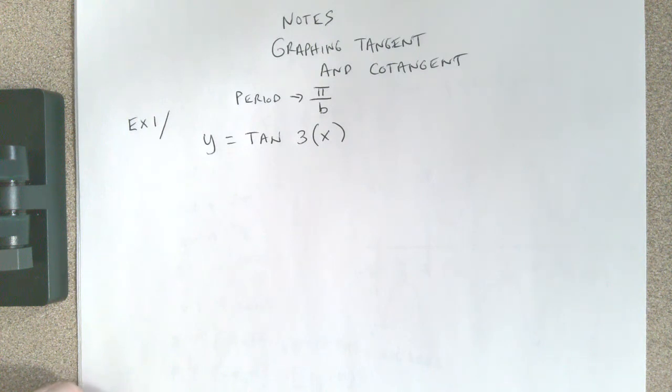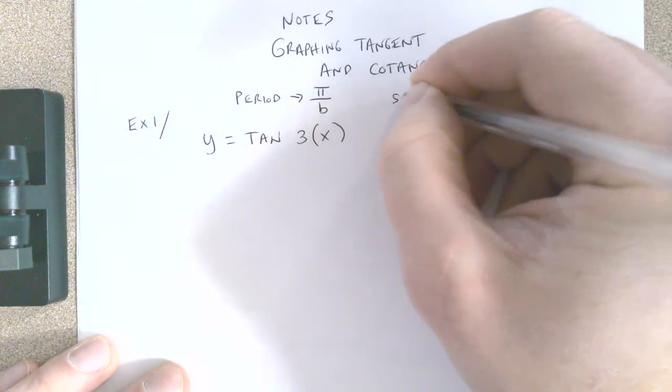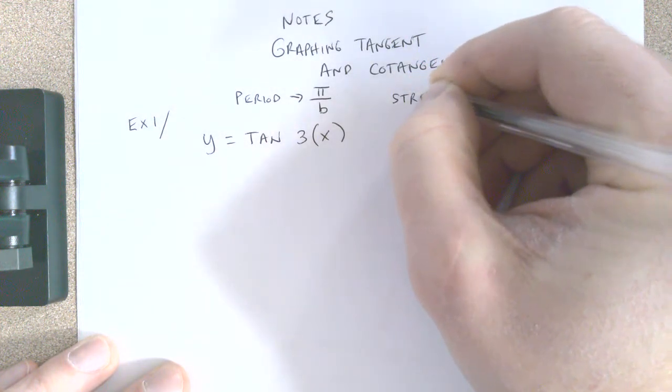The other difference is tangent and cotangent do not have an amplitude because we don't really have a height within our curves for the tangent and cotangent. So instead of an amplitude, we have a stretch.